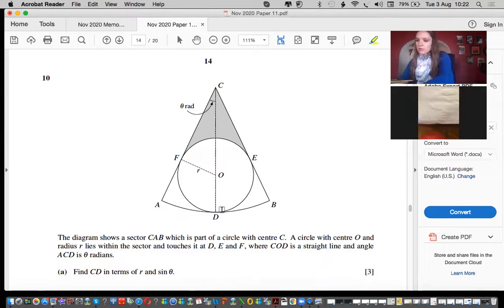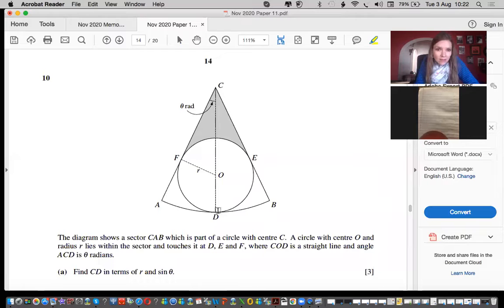Now this is quite a tricky diagram where there are quite a few things to remember. Circle theory. Again, if you know that a tangent and a radius are perpendicular, then we have a 90 there. If you know that C is the center, because they mention sector CAB having a center of C, this is a radius.